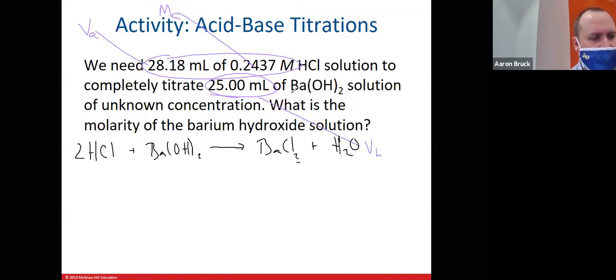I've got 2 oxygens, 4 hydrogens. That's 2 water molecules. So I've got it all balanced out now. And it's a good thing that I did. If I didn't balance it out first, I would have ended up with the wrong value here because this is not a 1-to-1 ratio of acid to base. So I can't just ignore the denominator here.